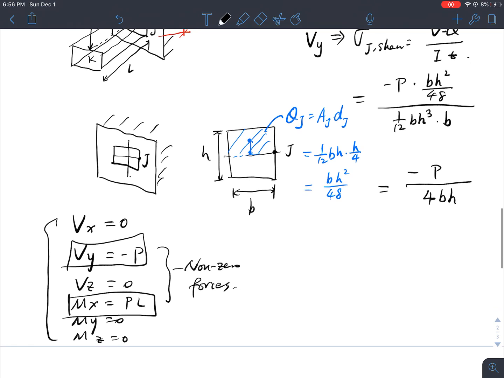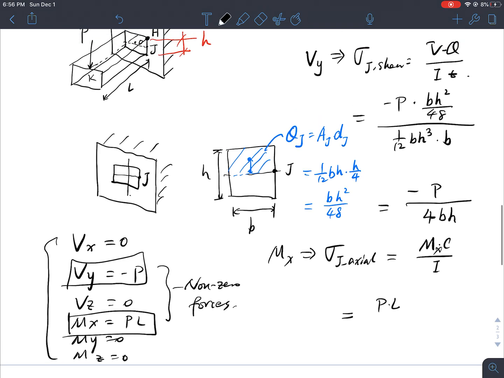Once I have my shear stress solved, I want to find out what other stresses my bending moment gives me. So I have an axial stress generated by the bending moment. The bending moment will generate stress Mc over I, where M is PL.